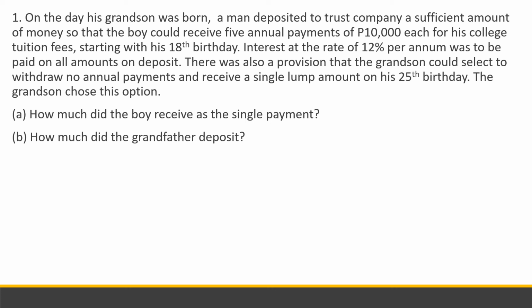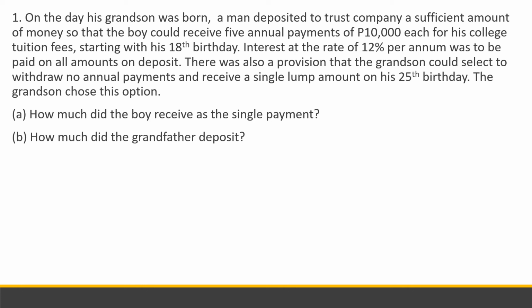So the grandfather here deposited an unknown amount of money so that the moment his grandson was born, at his 18th birthday and 5 years after, so 18th, 19th, 20th, 21st, and 22nd birthday, he has 5 annual payments of 10,000 pesos each year for his college fees.